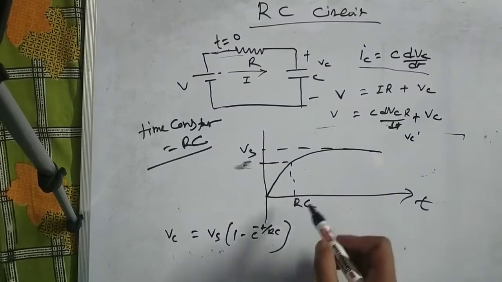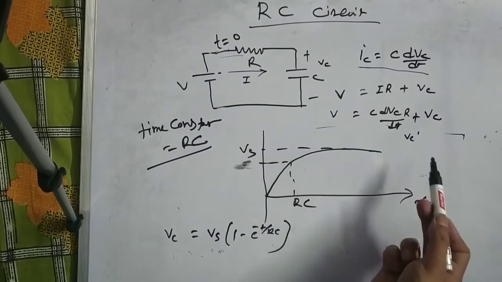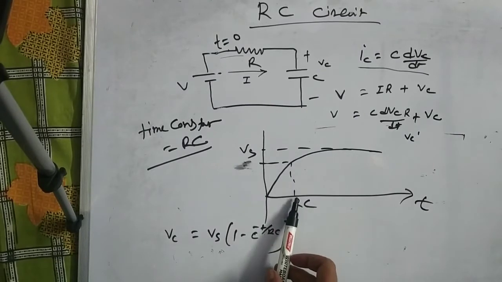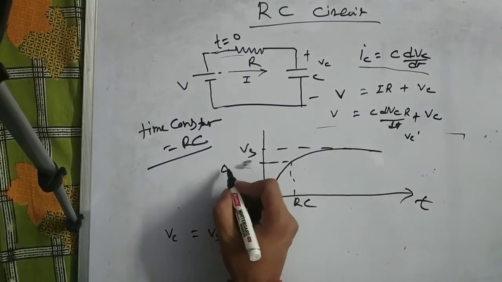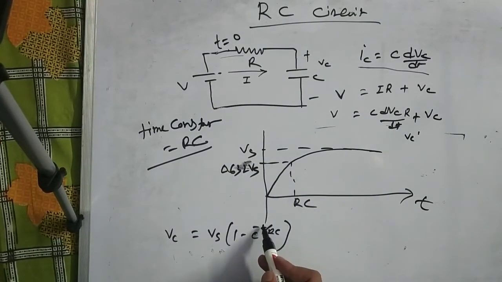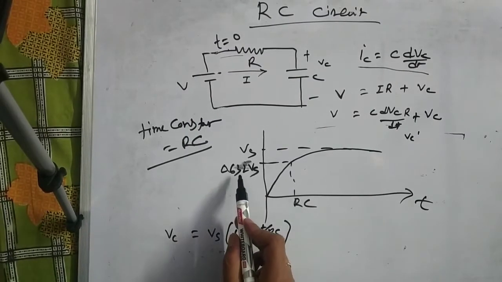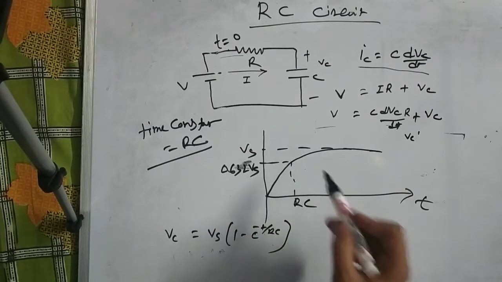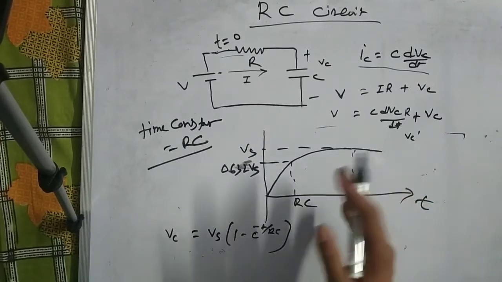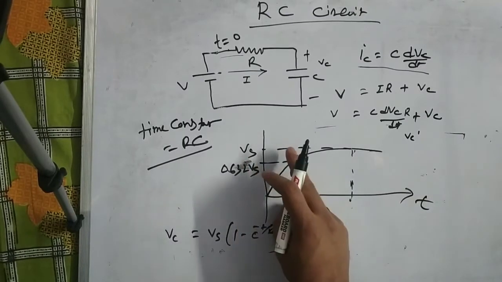At the time constant time, the output voltage will be 63% of the steady state voltage. At steady state, the capacitor voltage will be Vs, so at the time constant time the capacitor voltage will be 0.632 into Vs. You can put t equal to the RC value and you will find Vc equal to 0.632 Vs. At 5 or 6 time constants, you will get 98% of the steady state value.